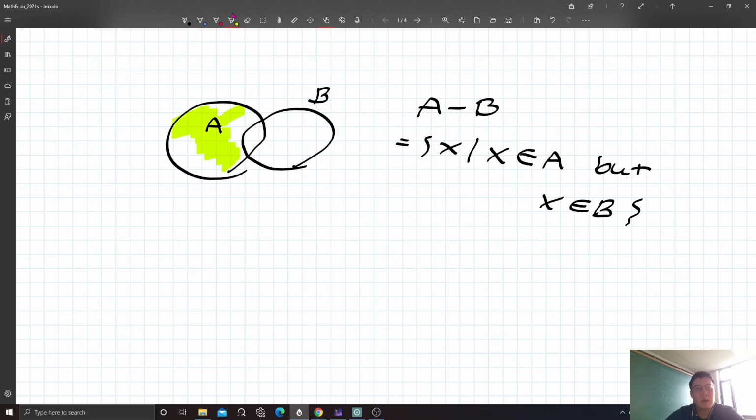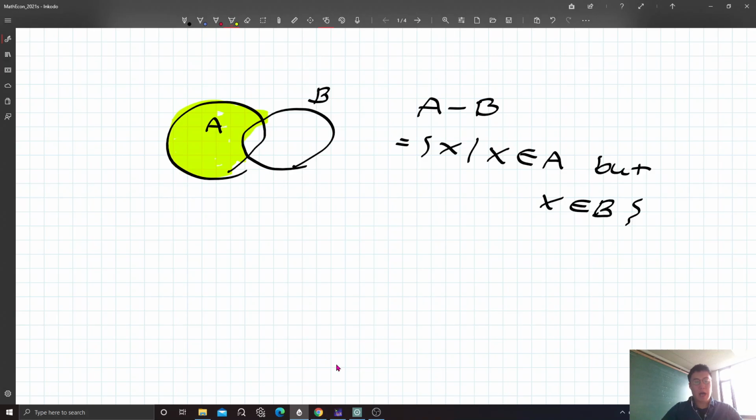The shaded region collects all the elements in A but not in B.